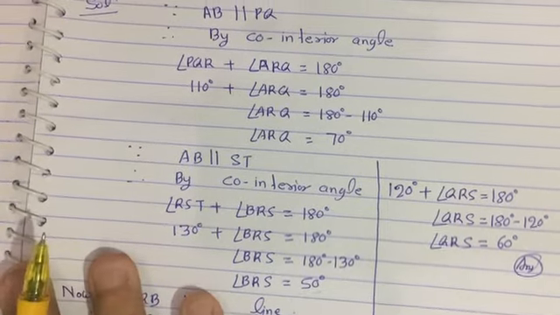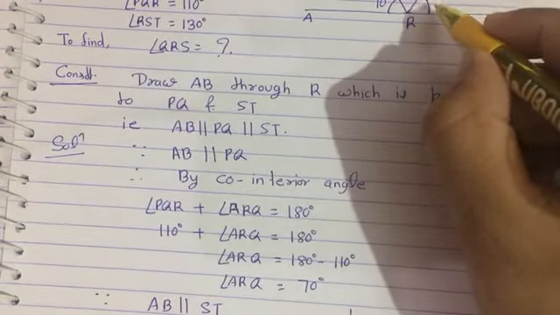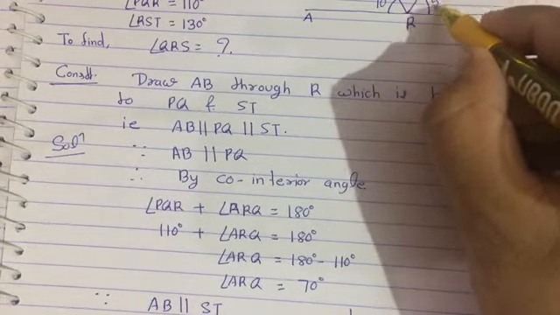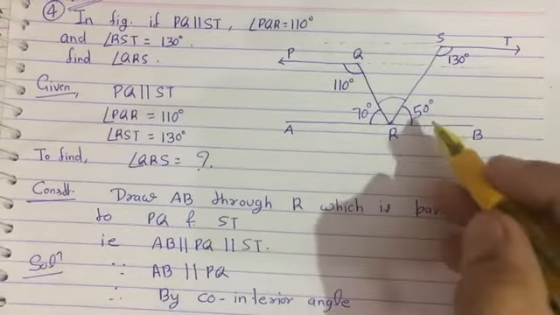Okay, and you will get what? Angle BRS is now 50 degrees. Write it in the figure.